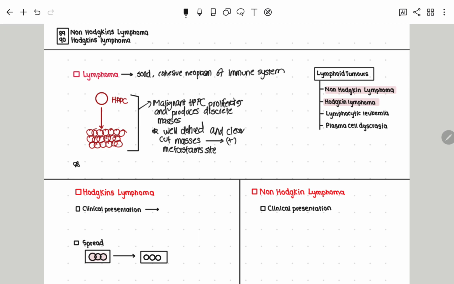And so an important thing to note with lymphomas is that they usually do not spill into the blood at high numbers, and they are always lymphocytic cells.